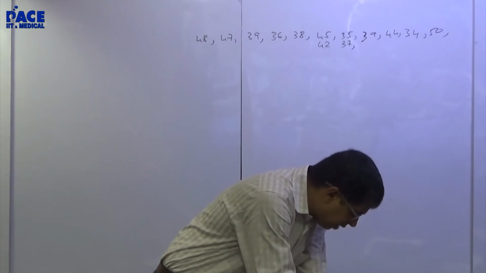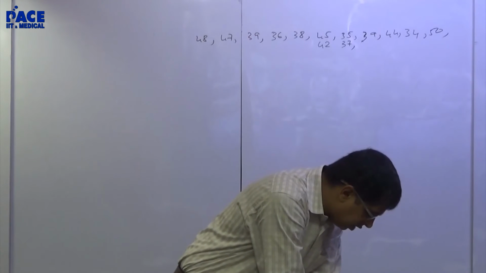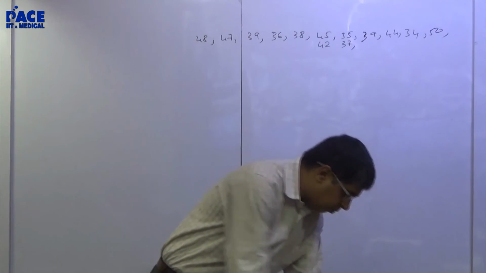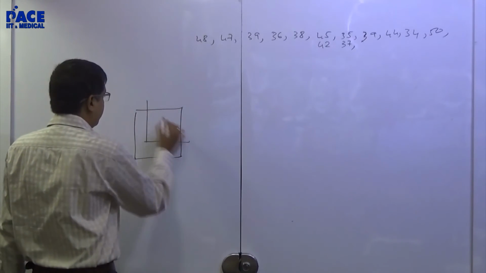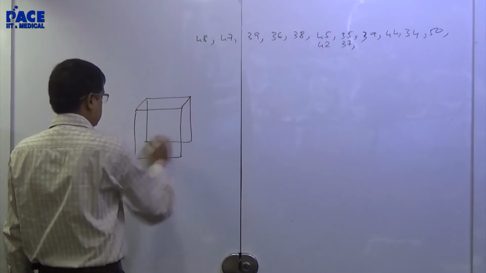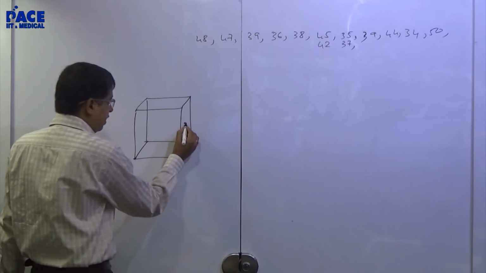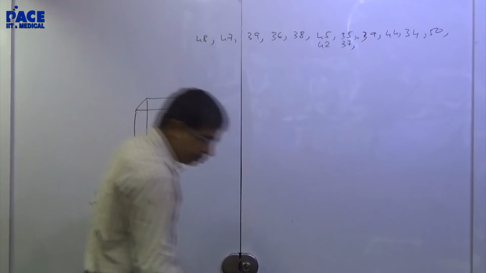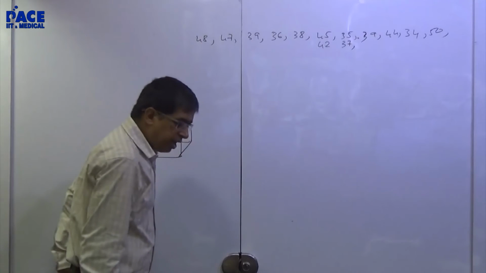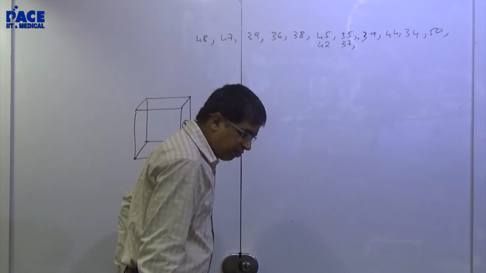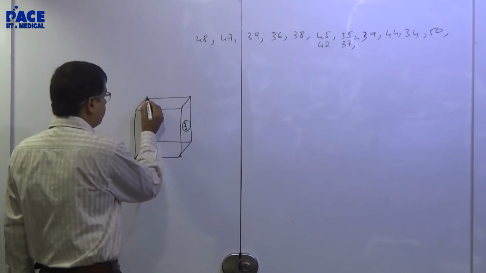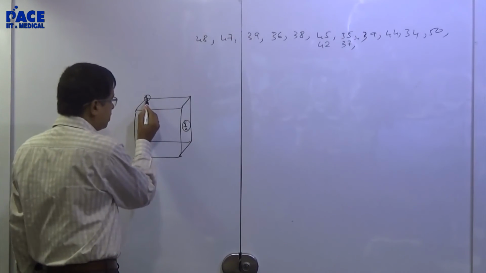If charges Q by 2 and 2Q are placed at the center of a face and at the corner of a cube. Have a look at it. This is Q by 2, and 2Q is placed at the corner. This we have solved.